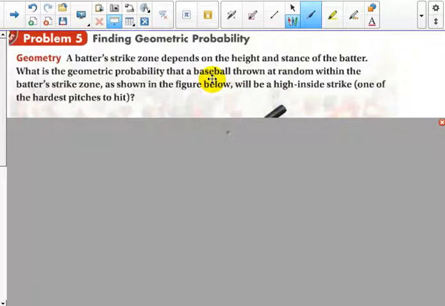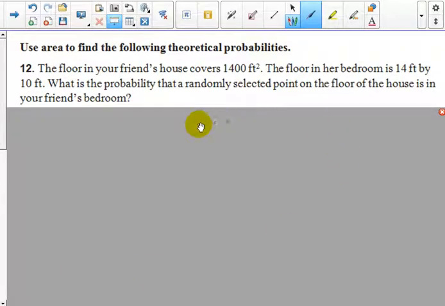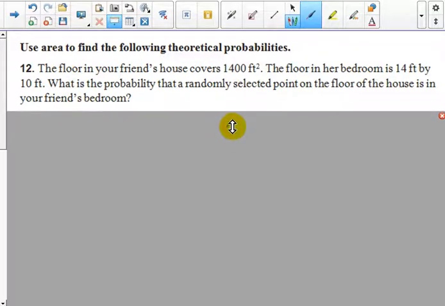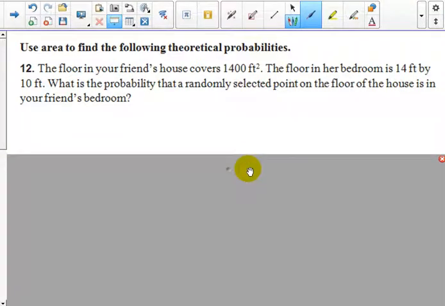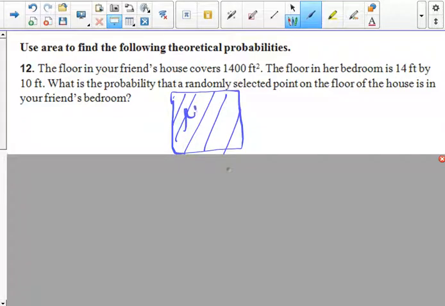All right, let's look at our workbook again, number 12. It says, use the area to find the following theoretical probabilities. So again, this is a geometric probability. The floor in your friend's house covers 1,400 square feet. So the whole floor is 1,400 square feet.